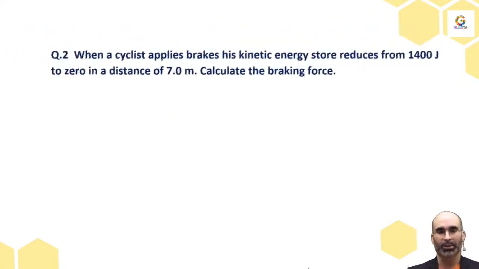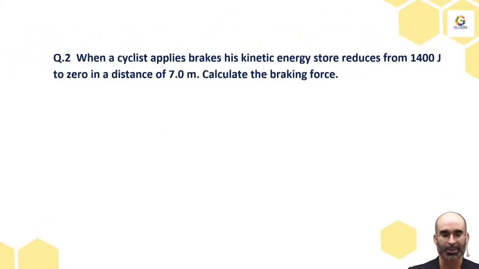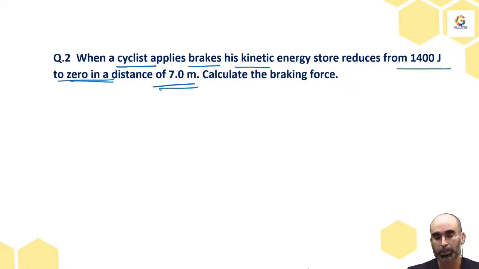Now, next question. I want you to calculate this. When a cyclist applies brakes, his kinetic energy store reduces from 1400 joules to 0 in a distance of 7 meters. Calculate the braking force. This is important. It is very simple. Work equals force multiplied by distance.